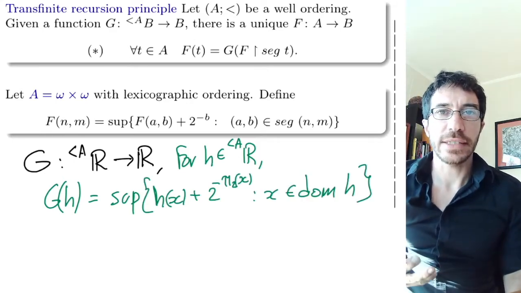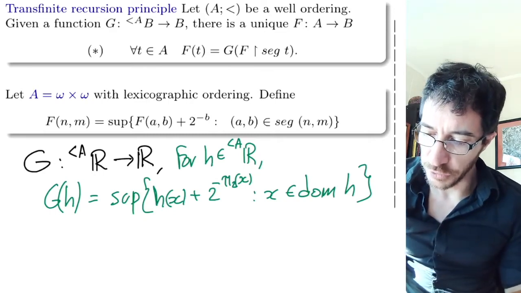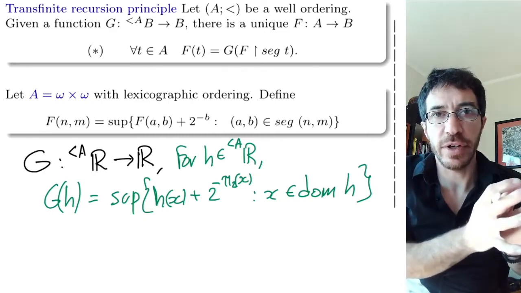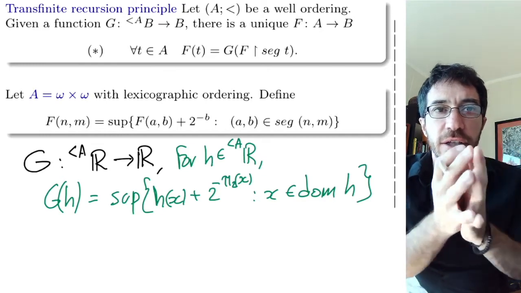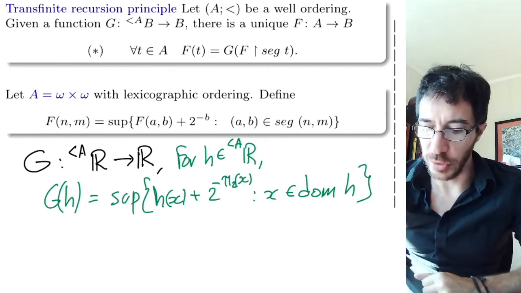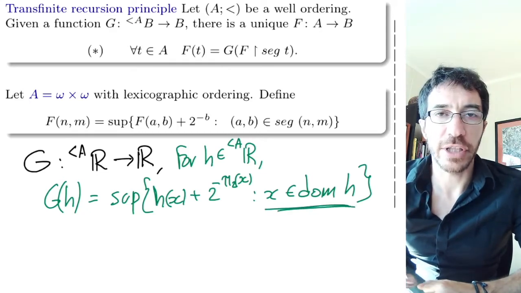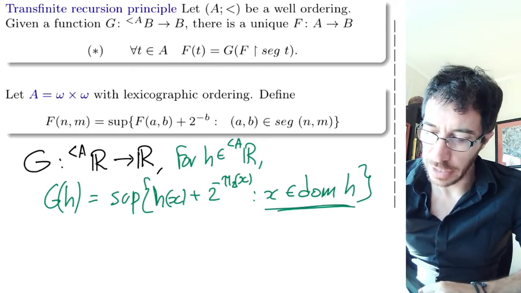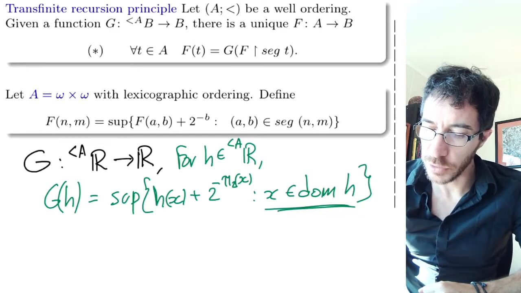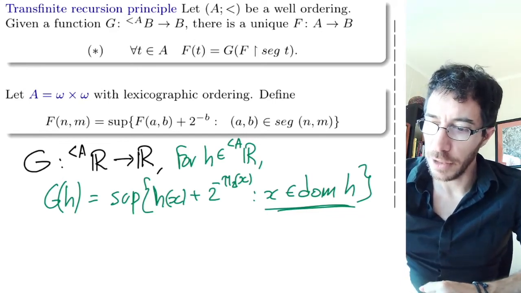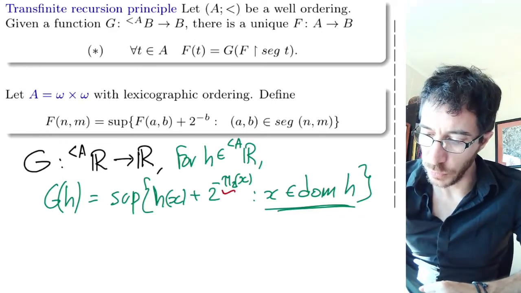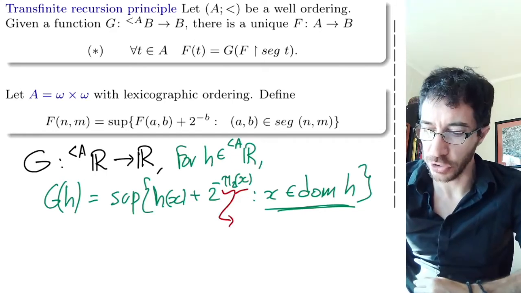What G does when it takes a function H that goes from an initial segment of A to the reals is the following. It takes the supremum among all the x's in the domain of H of H of x plus 2 to the minus pi 2 of x, where this pi 2 is the projection into the second coordinate, right?